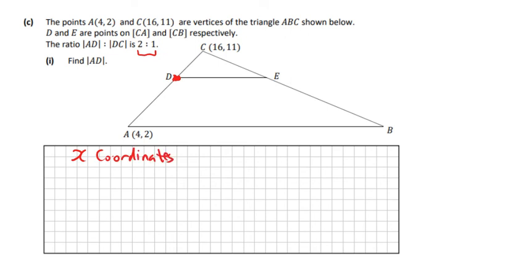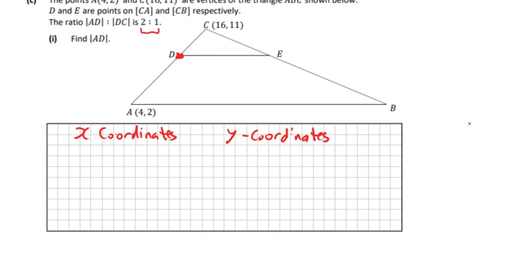So we'll look at the x coordinates and we'll look at the y coordinates, and we'll do them separately. So the x coordinates, you're going from 4 and you're ending up at 16, and we want to see what is 2/3 of the way along that. So 16 take away 4 would be 12. So what's 2/3 of 12?